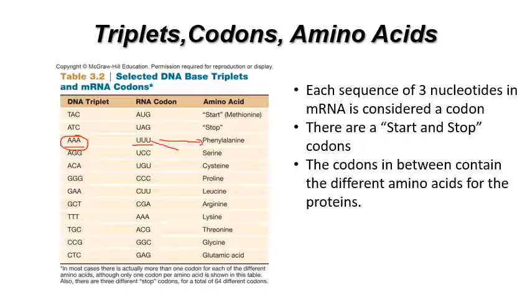Okay, 3 U's would not code for serine or any of these other amino acids. It would code specifically for phenylalanine. So you can see the RNA triplets, the codons here, code for different amino acids down here. So what code is in that messenger RNA determines which amino acid, and where that codon is in the code determines the order of the amino acids.